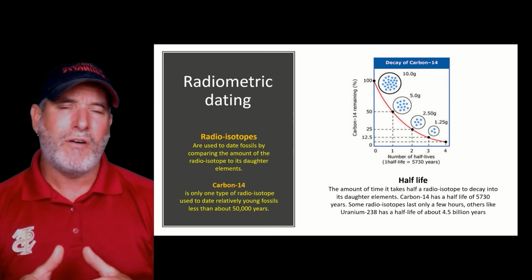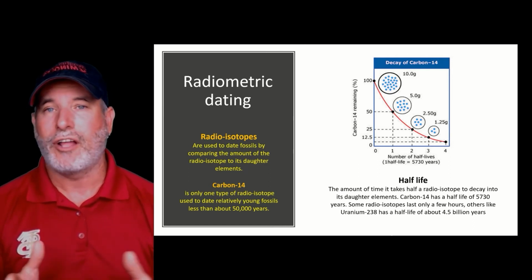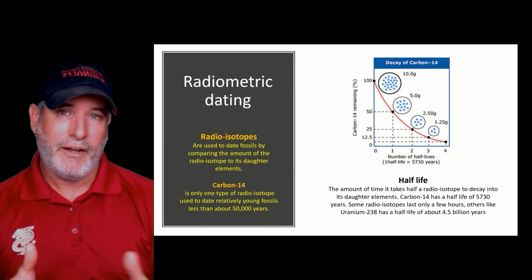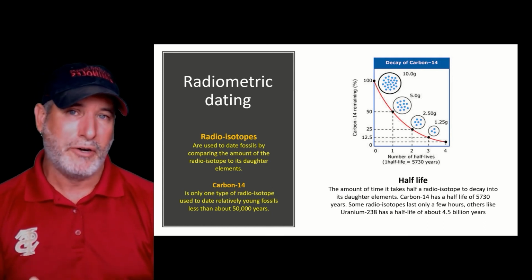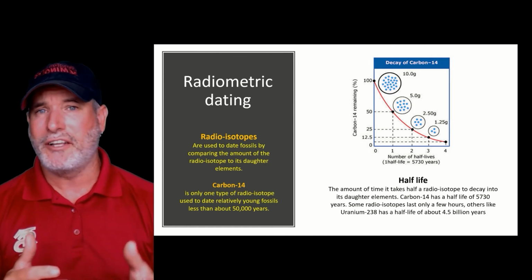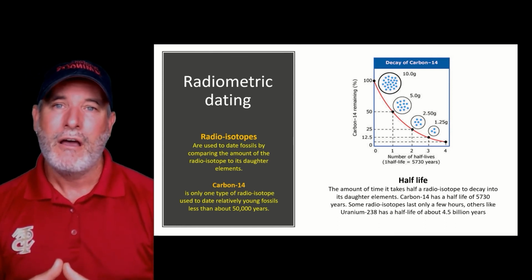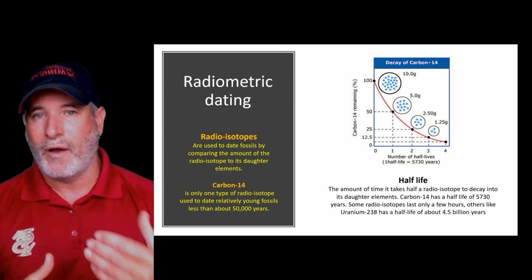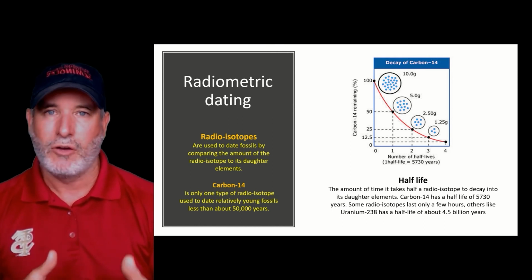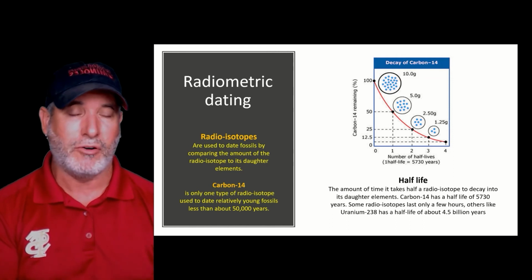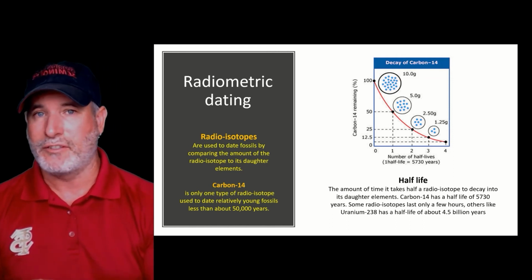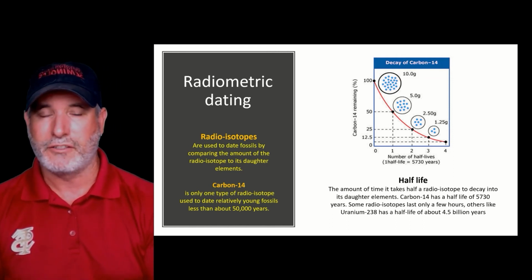But we use radioisotopes of other elements, like uranium. Uranium has a half-life of over 4 billion years, and it will slowly decay into lead through a series of reactions. It's kind of complicated. But we know that radioisotopes are isotopes of elements that are unstable, so they decay into other elements called the daughter isotopes.